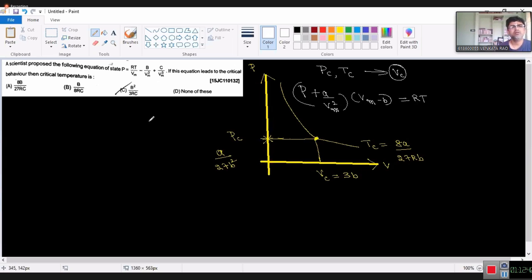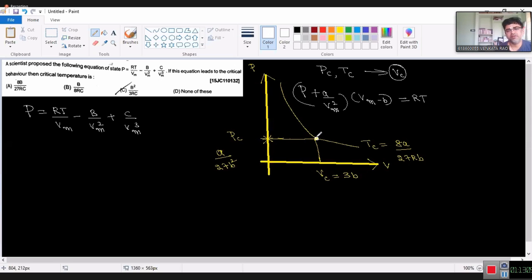But I think it is not in the form of the van der Waals equation. It is some other equation. Now what is that other equation? P = RT/Vm - B/Vm² + C/Vm³.